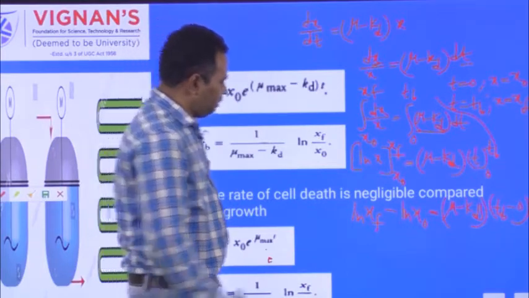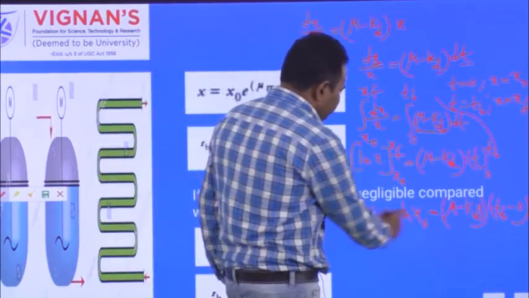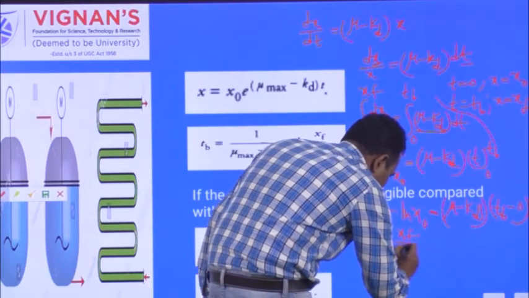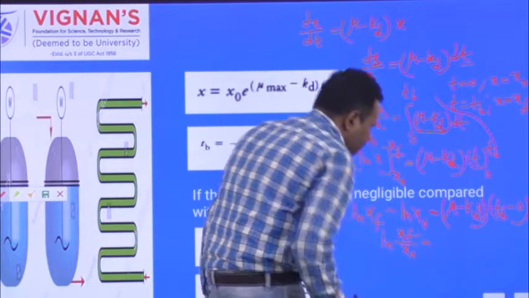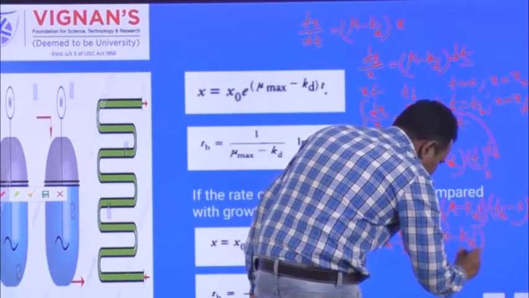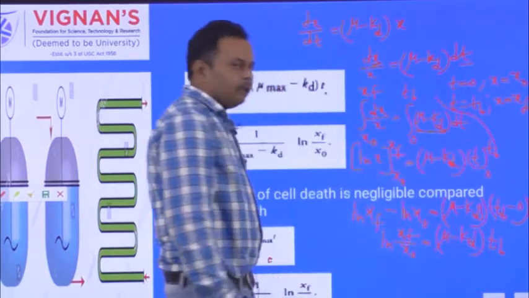From this, ln xf minus ln x naught, ln m minus ln n, that is ln xf by x naught, is equal to mu minus kd into tb. From this one you can solve for tb.